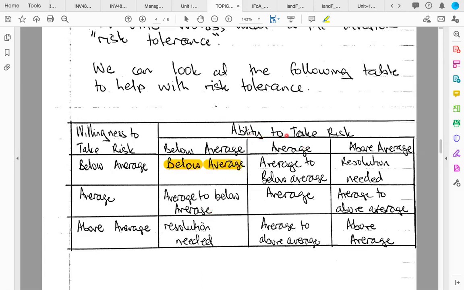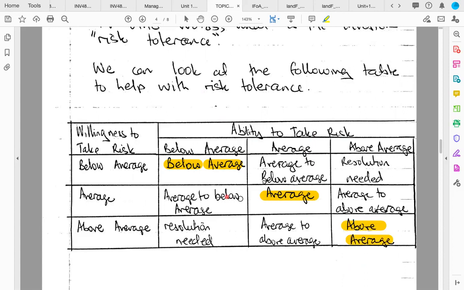If the investor's ability to take on risk is average and their willingness to take on risk is also average, it means that their risk tolerance is average. If the investor's ability to take on risk is above average and their willingness to take on risk is also above average, it means their risk tolerance is above average.